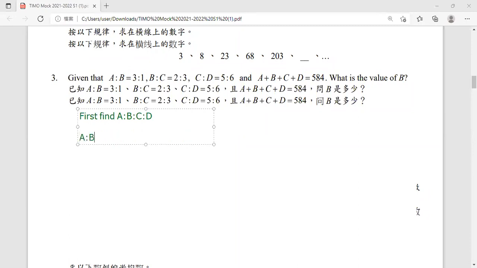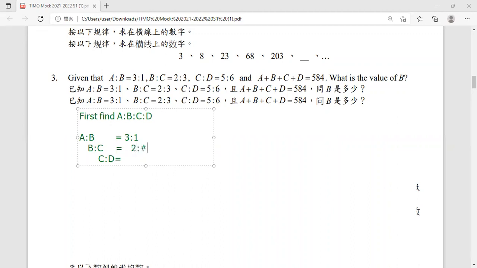Okay. A to B, B to C, C to D, and okay, 3 to 1.